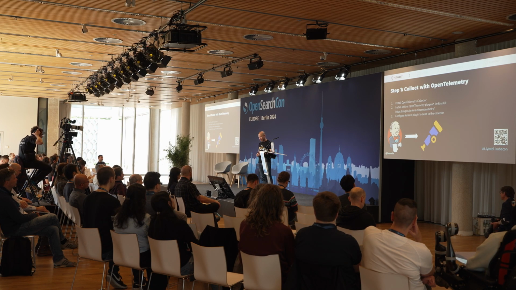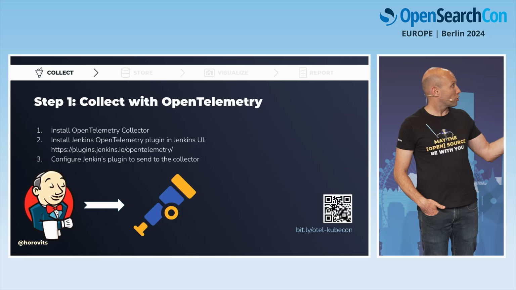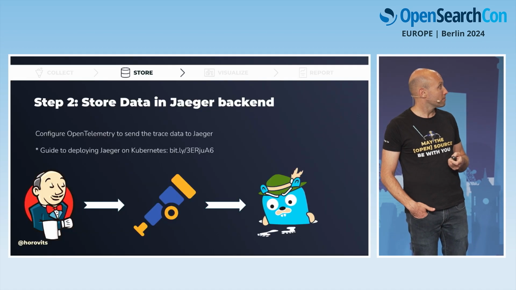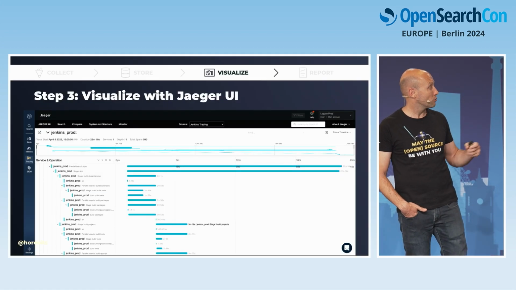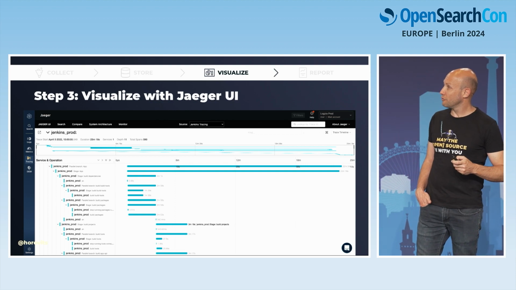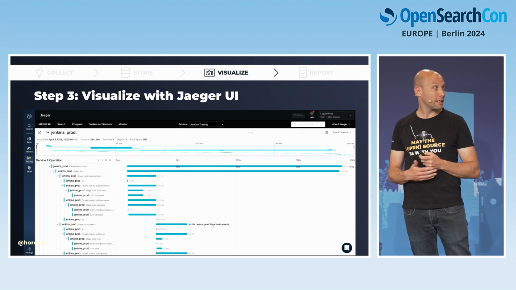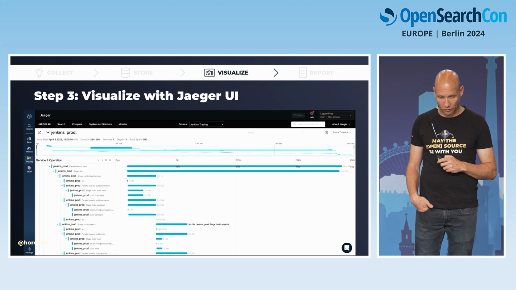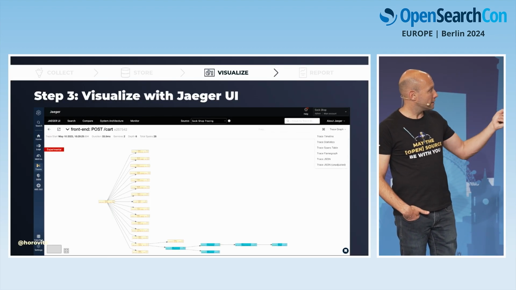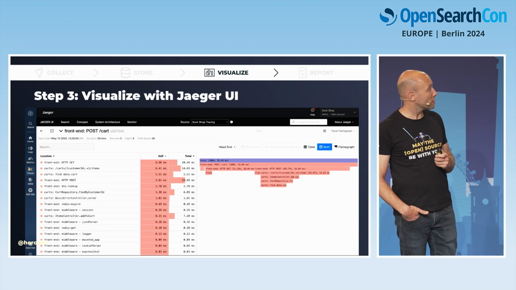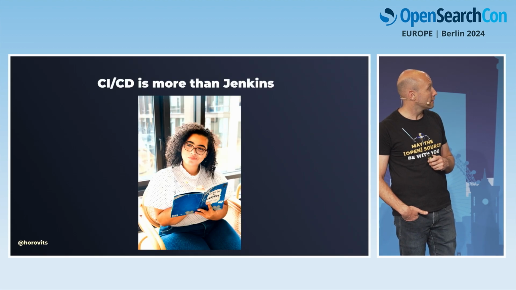Jenkins has the built-in Jenkins OpenTelemetry plugin. Configure Jenkins to send to the collector, then configure the collector, and voila, you have a pipeline visualized as a trace. Very nicely seeing each step of the process, and getting the full visualization with the Jaeger UI.